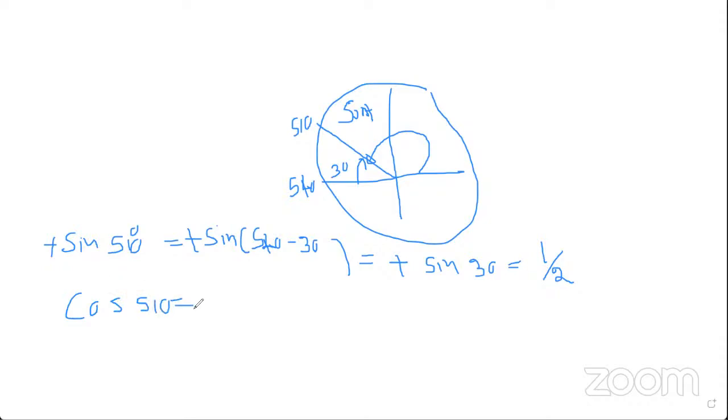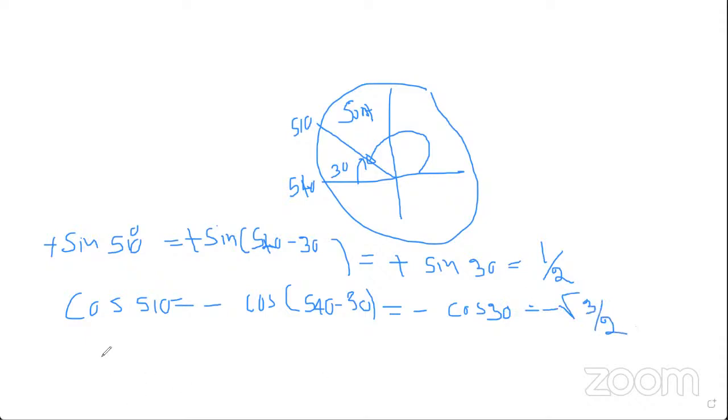And if I take cos 510, what will happen? Cos is negative in the second quadrant. You know that 510 is located in the second quadrant, but cos is negative. So you can write negative cos of 540 minus 30. It is then negative cos 30. You can write minus root 3 over 2.